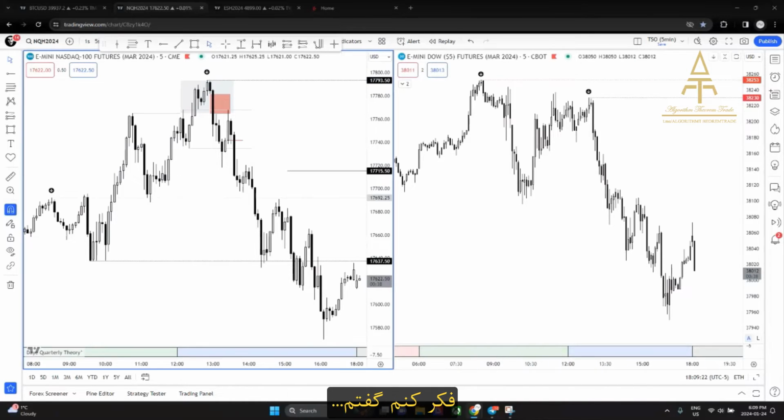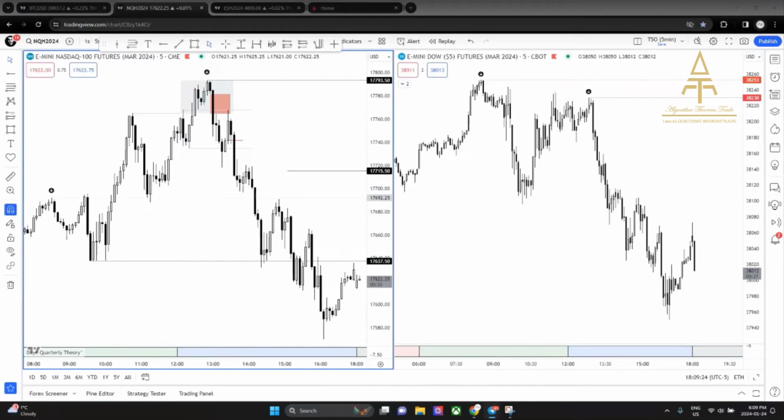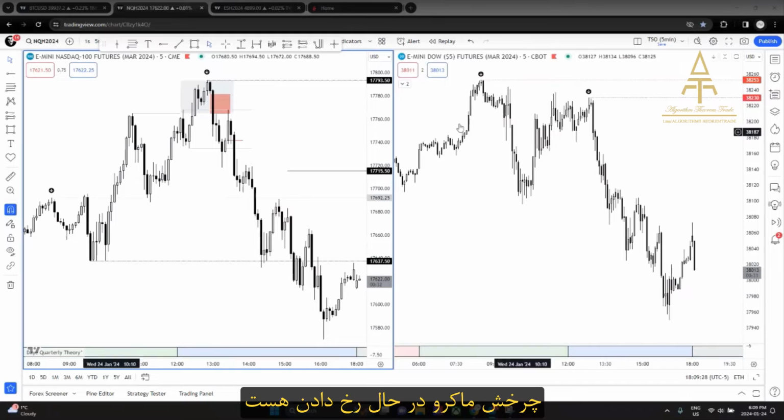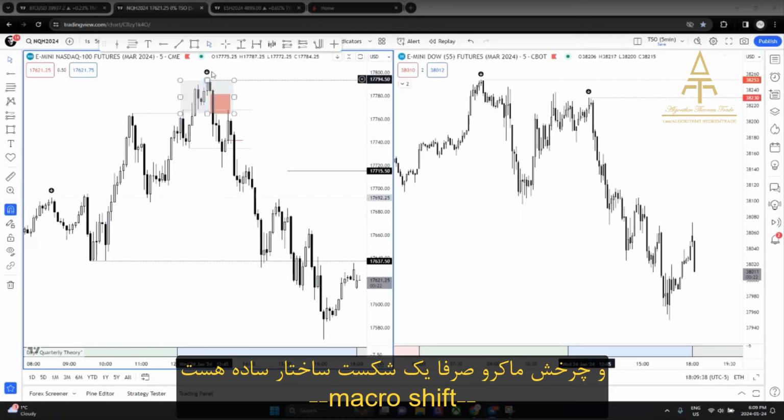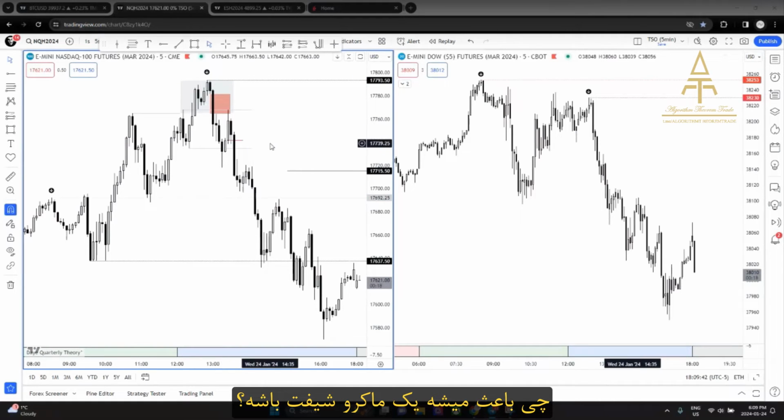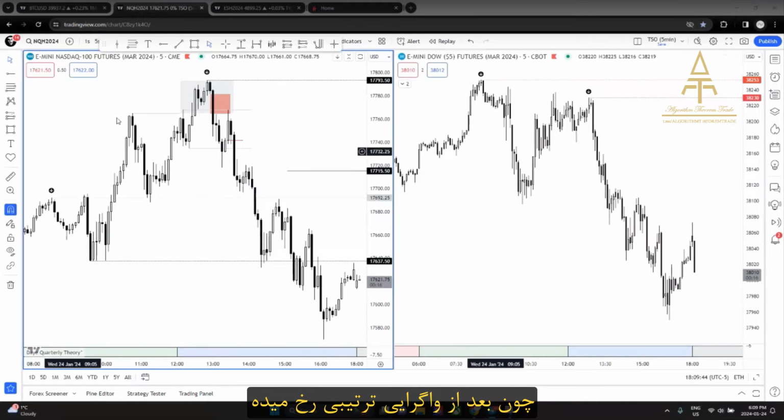I believe I said, I'll go check back, I said macro shift just waiting to happen. A macro shift occurs after there is this specific sequential SMT, and a macro shift is just a simple break of structure. But what makes it a macro shift is the fact that it happens after this.